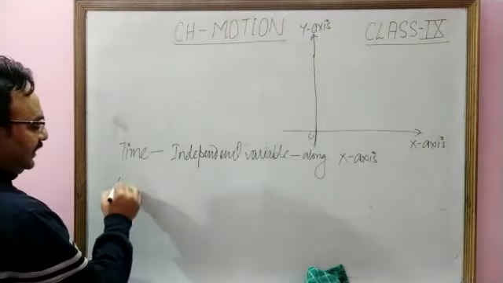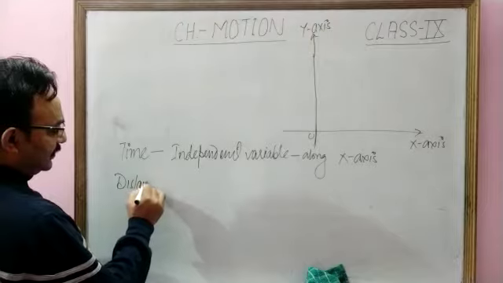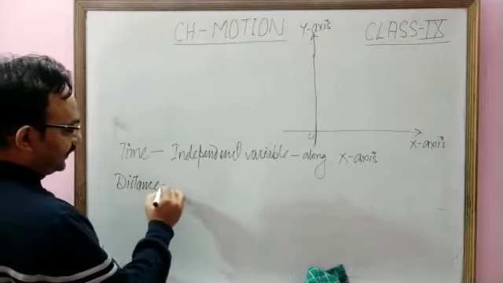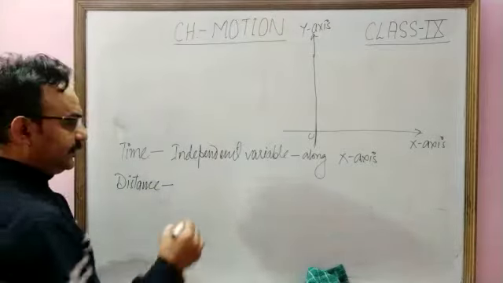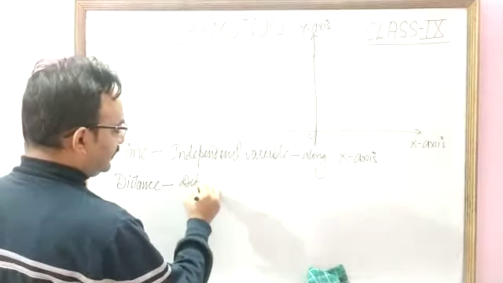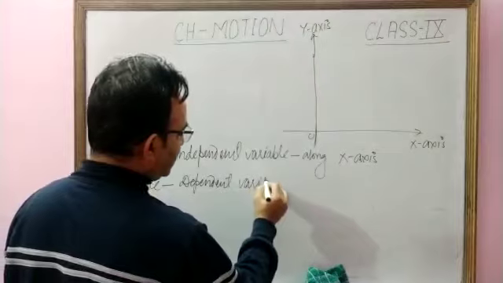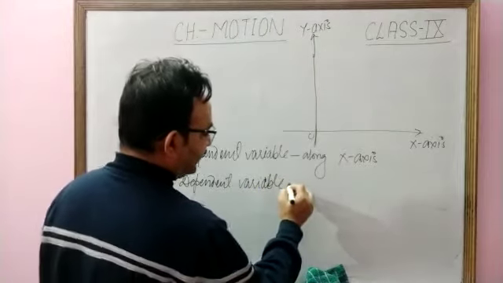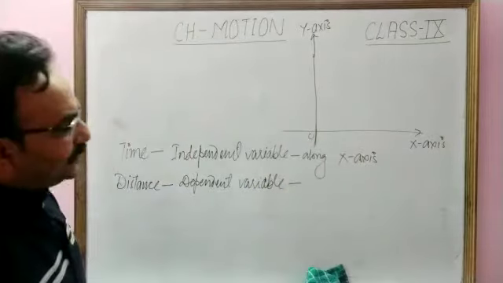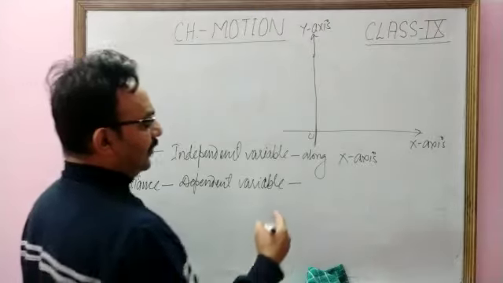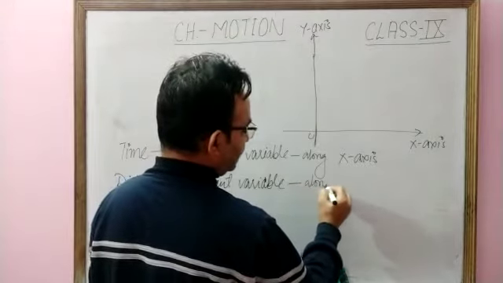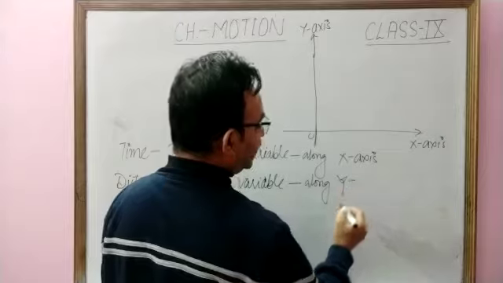And the second one is distance. Distance is a what? Dependent variable. It should be marked along the vertical component.